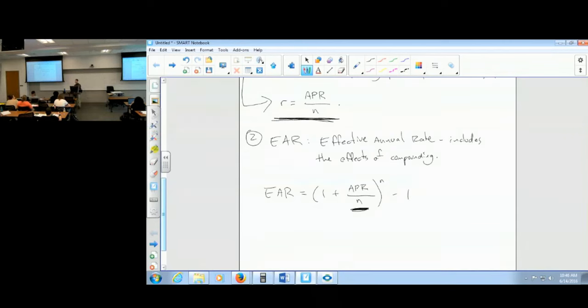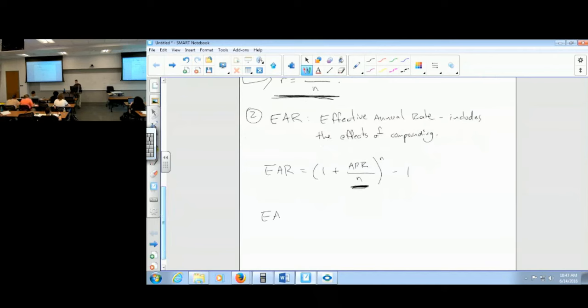That's our little r, our periodic effective rate. So we can rewrite this formula, which they do a time or two in the homework, and just don't show you that that's what they're doing, by making a substitution. In some cases you're given the periodic effective rate, you don't have to calculate it, and you're asked for the effective annual rate. You just plug it right in.